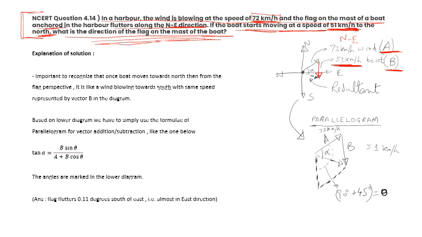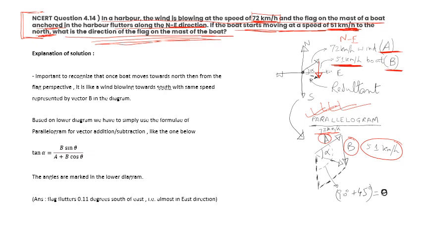So we use the method of parallelogram, as shown again in this diagram. Here we have put 72 kilometers per hour as vector A, which is the wind, and then vector B due to the movement of the boat, that's 51 kilometers per hour. Using the method of parallelogram, we will try to find the angle of the flag.